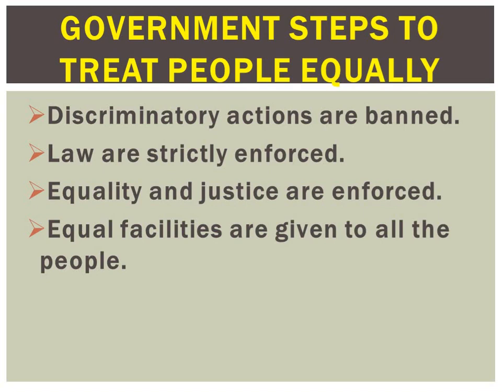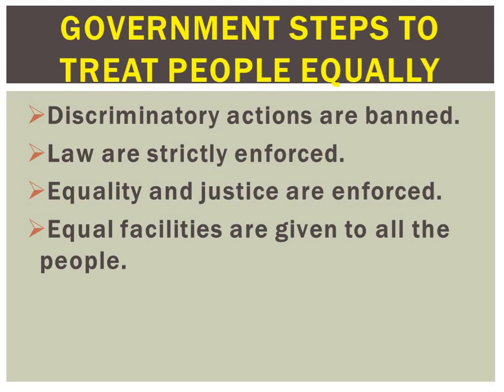Next is government steps to treat people equally. How does the government treat people equally in a democratic country? Discriminatory actions are banned. Here in India, a democratic country, our constitution mentions that there should not be any discrimination on the basis of race, religion or any other custom, in Article 15.